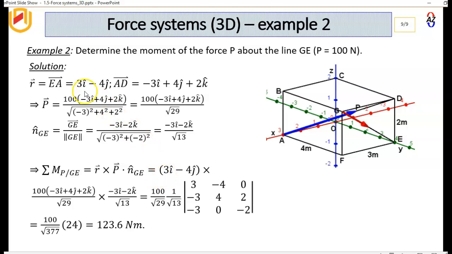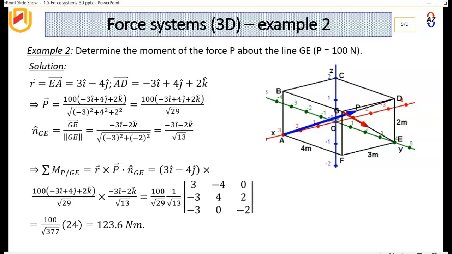So R is this one, 3i minus 4j, and then P is this one, and then we cross it with this vector here. So we get this determinant times the scaling factors that are multiplying these vectors, and then we get our final answer as 123.6 Newton meters. That's it for this segment.